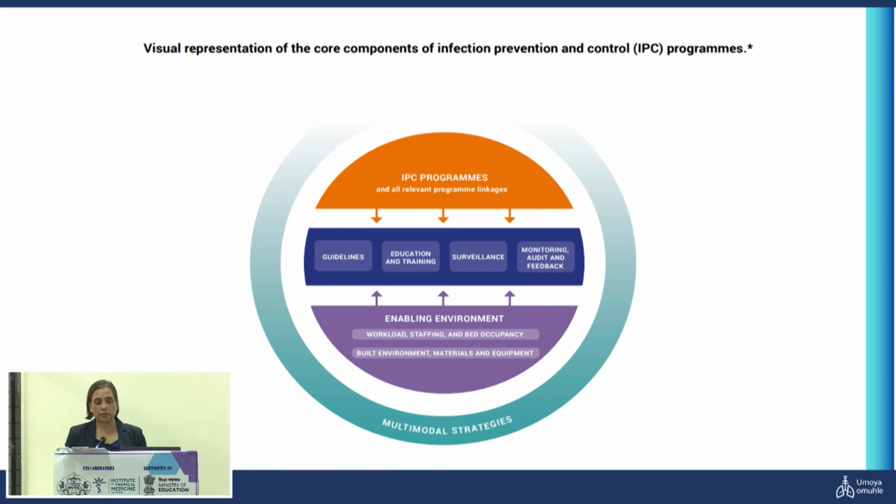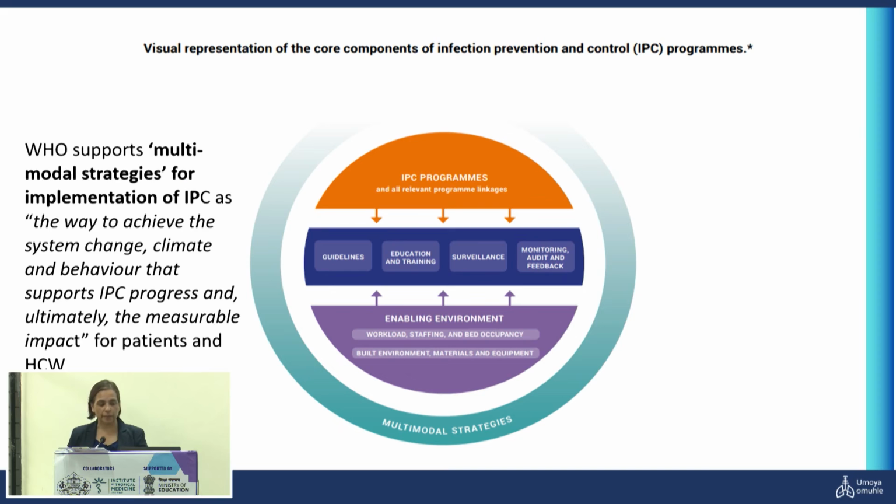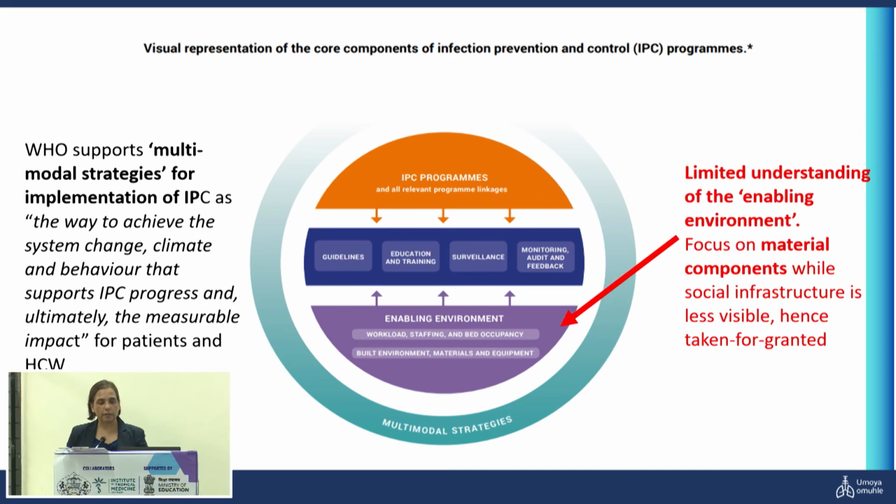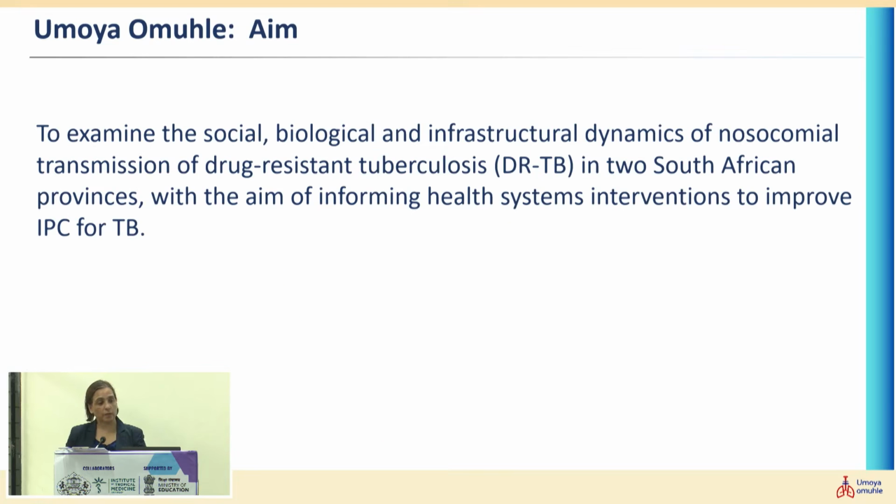They're about how many beds are occupied, how many staff are in place, what does the construction of the building look like. But what we said is that actually this enabling environment didn't take enough account. It focused mainly on the material components, but it didn't really take account of practice or behaviors or relationships. So the social infrastructure, the enabling social infrastructure, was less visible.